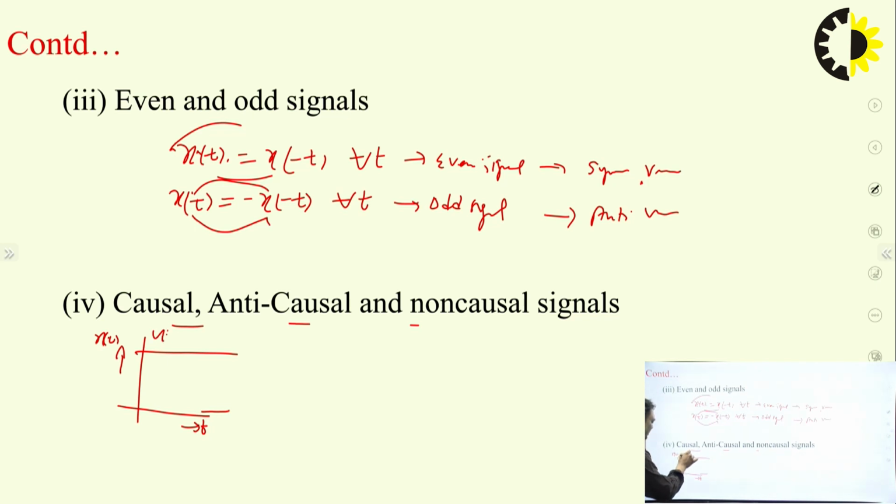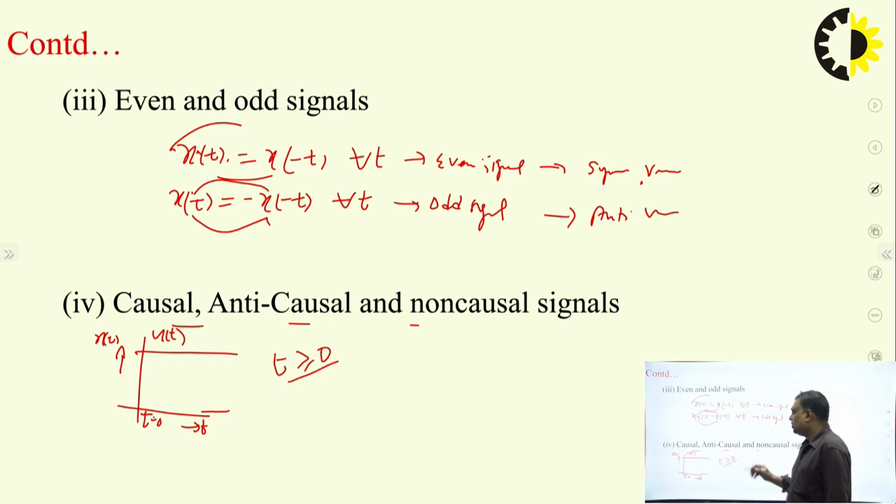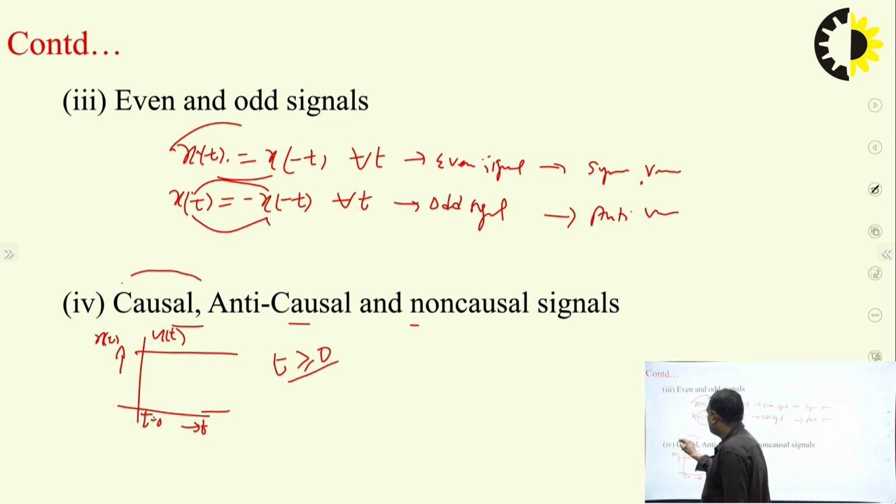At t equals 0 and for t greater than or equal to 0 you are getting some value. This signal is defined only at t greater than or equal to 0. So this signal is basically your causal signal.